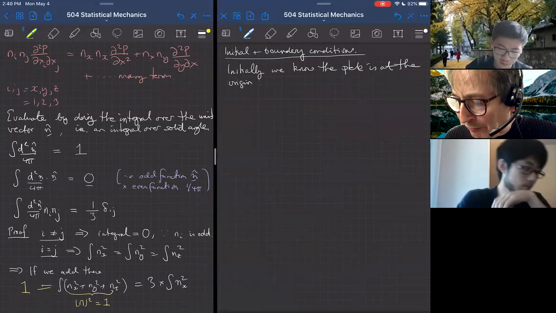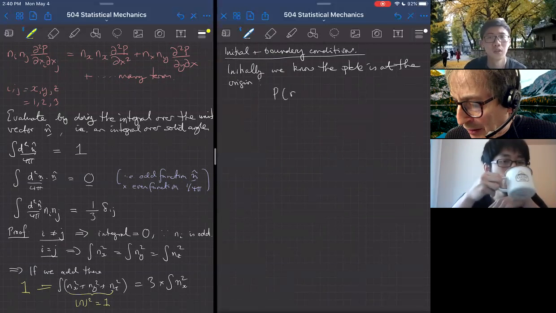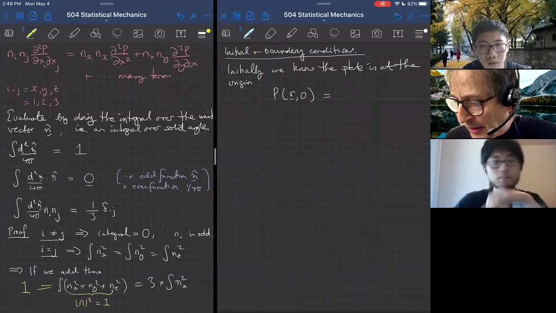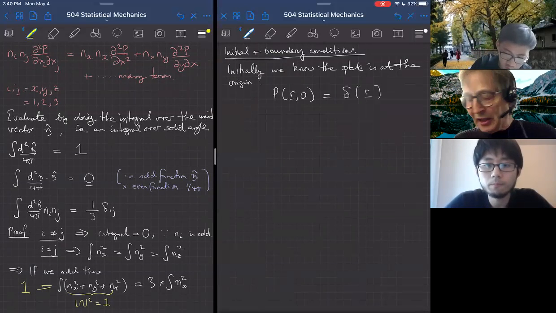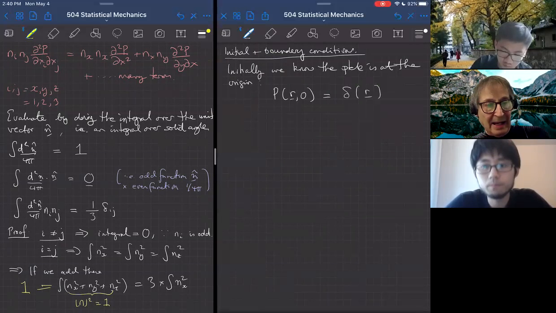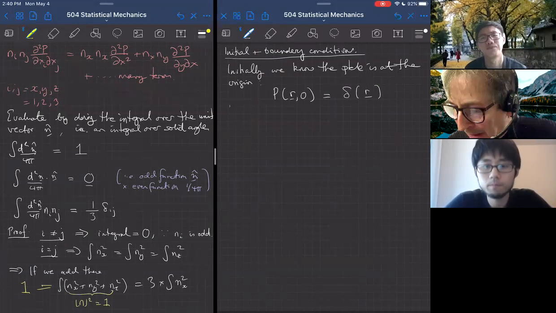Because we know that for a fact, that means that P of R and 0 is just a delta function centered at the origin. So that's just delta of R. And then we need to know what the boundary conditions are. The boundary conditions are slightly tricky.